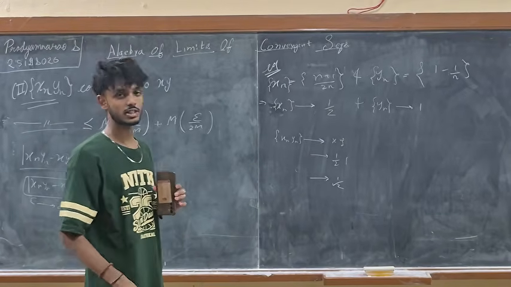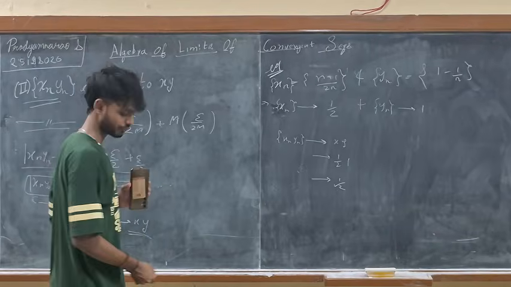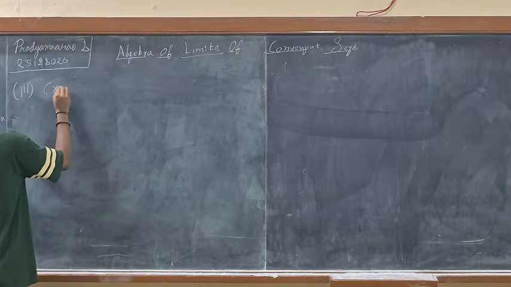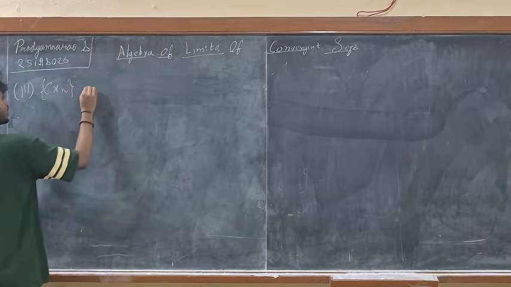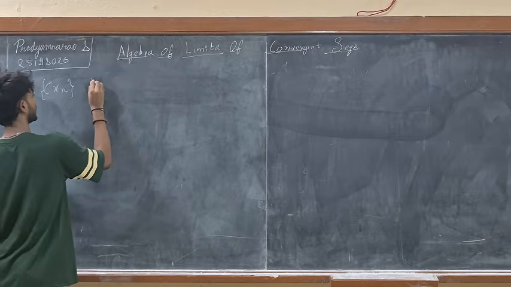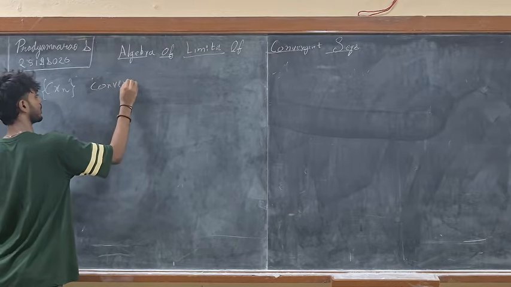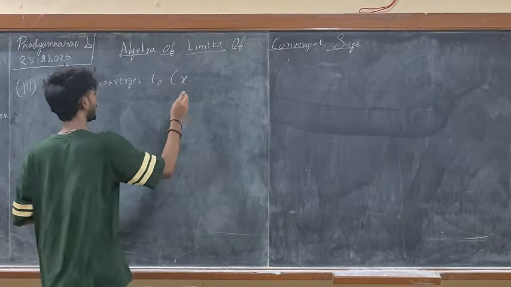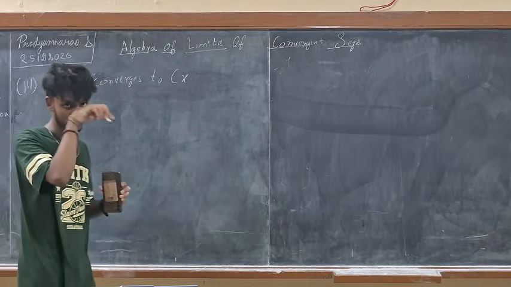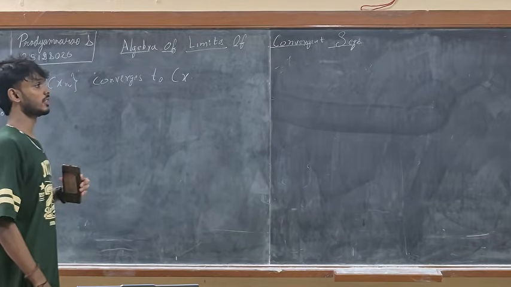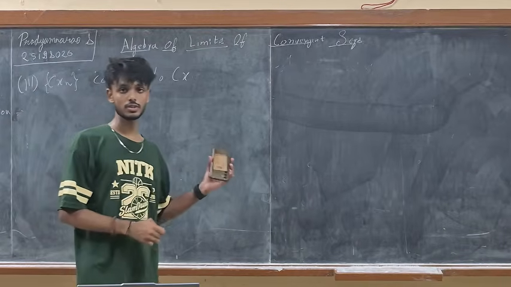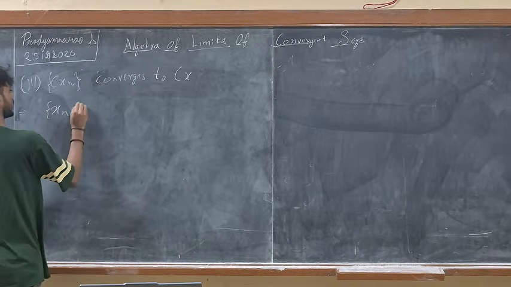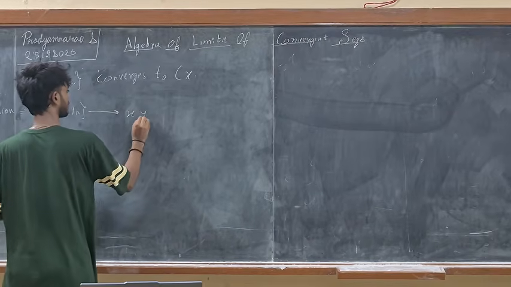So let's move on to our next proof. We have to prove that Cxn converges to Cx, where C is a constant, and we can use the proof which we just used earlier, in which we proved that xn yn converges to xy.